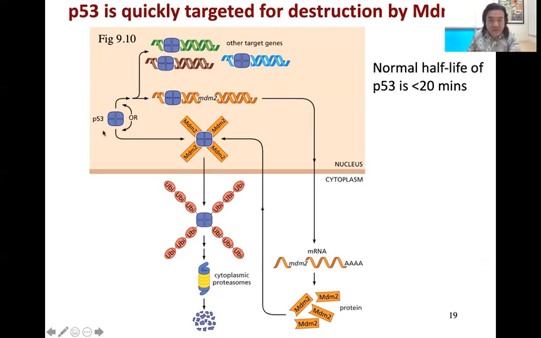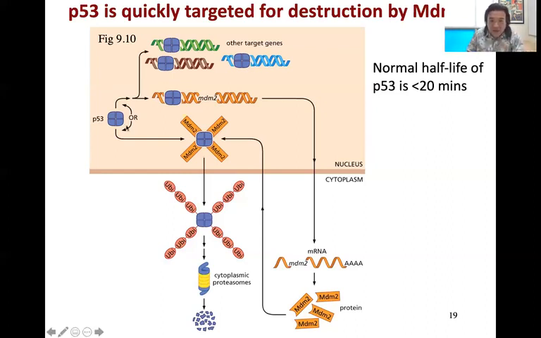So here you see, here's a p53 tetramer. If it were allowed to work, it would go ahead and go into your cells, into the nucleus, and start binding to certain genes that would start the brakes, right? So things like p21, things like that. Right?